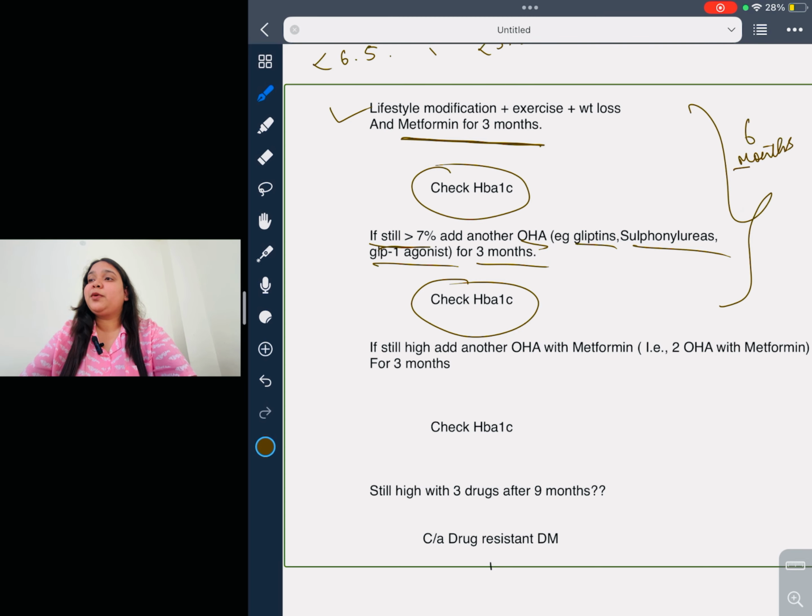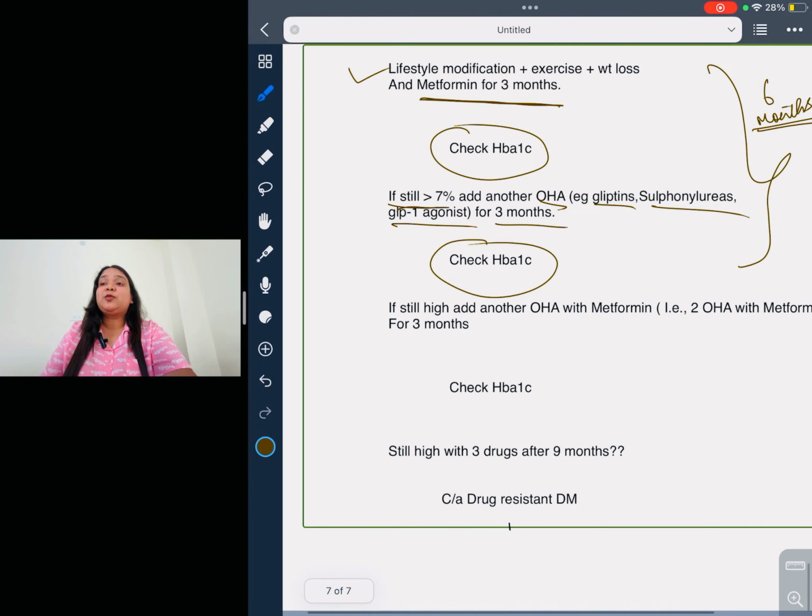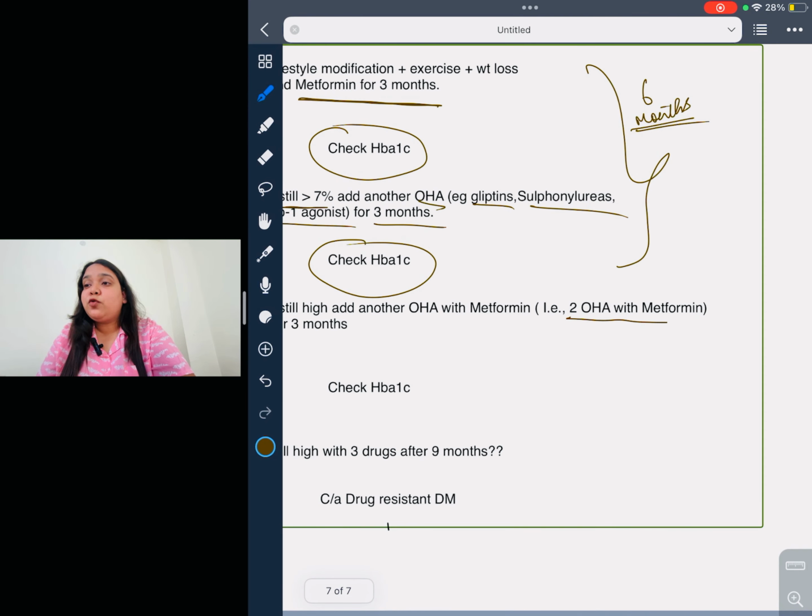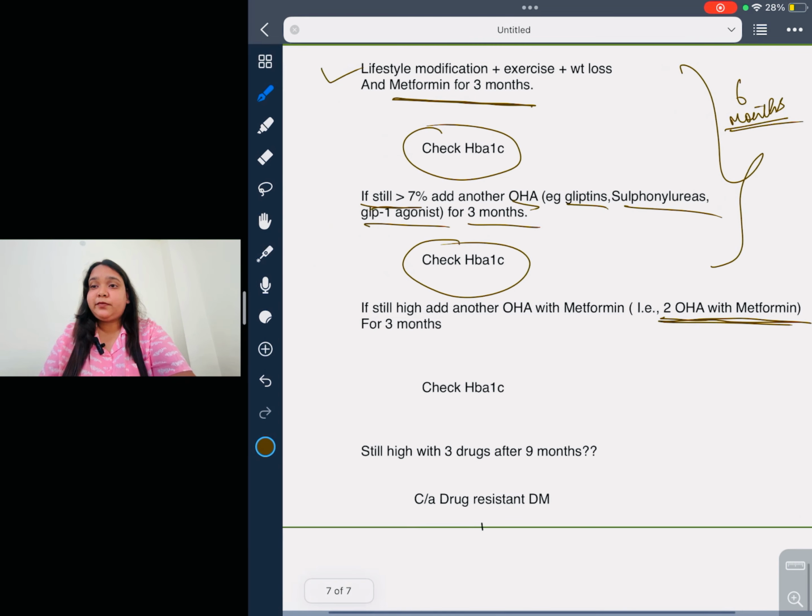We gave 6 months to the patient to control their HbA1c level. Now, if again after 6 months the HbA1c level of the person is still high, more than 7, then you have to add one more OHA. That is, you have to give 2 OHAs with metformin again for 3 months. And then after 3 months, again check for HbA1c level.